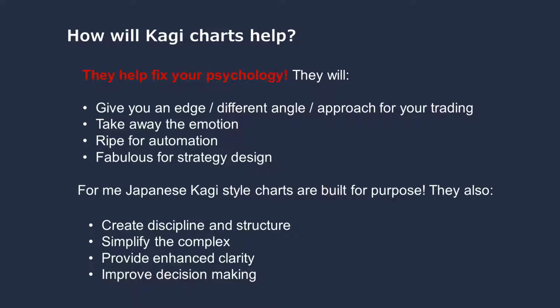And for me, these Kagi charts, similar to Renko and line break, are built for purpose. They're going to create discipline and structure, simplify the complex, give us some clarity and transparency to our trading, improve our decision making. And these were all the elements that the Japanese, when they first created these charts, were looking for. They're making things simple but effective.